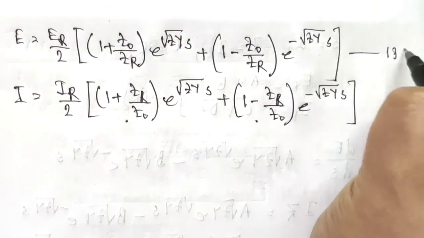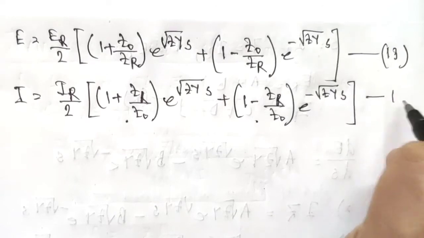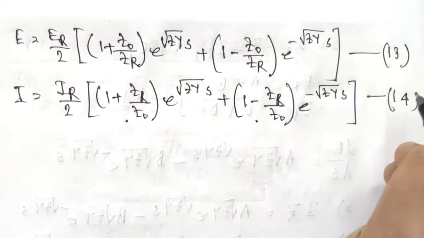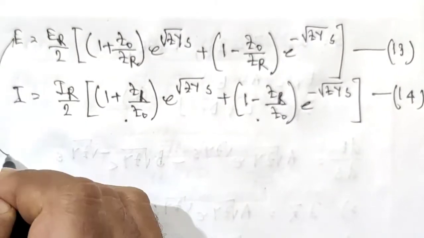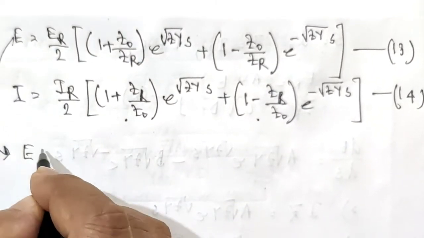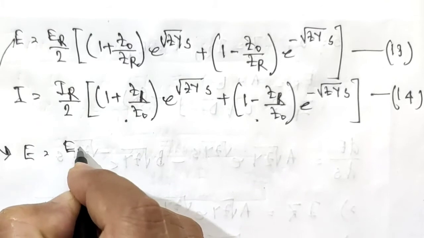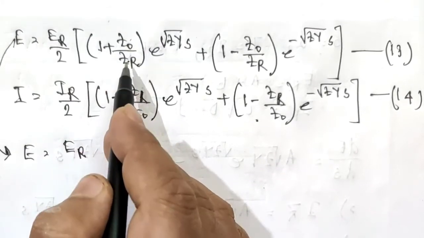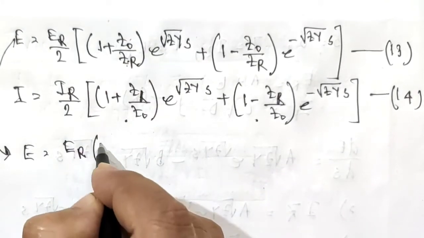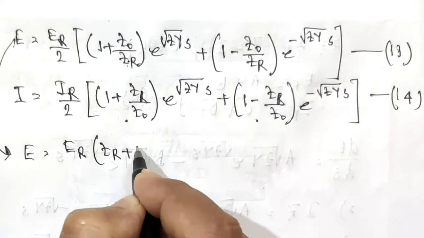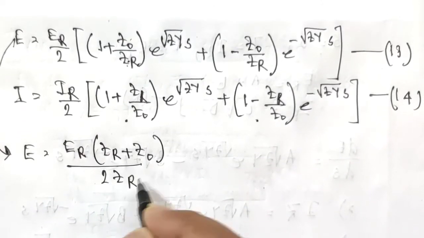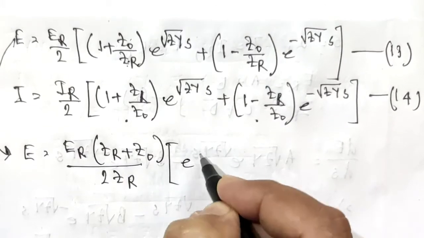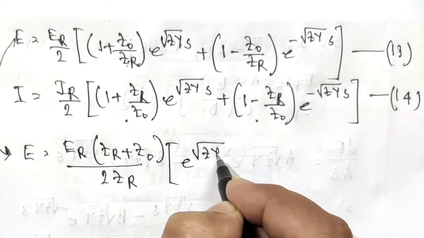So these are our equation number 13 and 14. Now equation 13 can be simplified further as E equals ER into ZR plus Z0 by ZR, so ZR plus Z0 by twice ZR, and we are left with e to the power root ZYS.